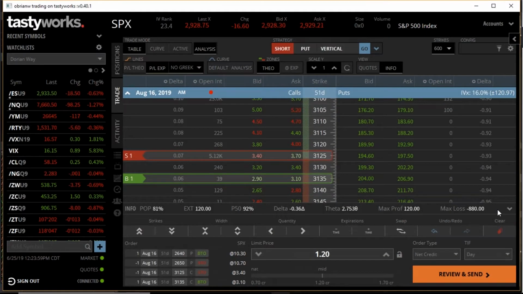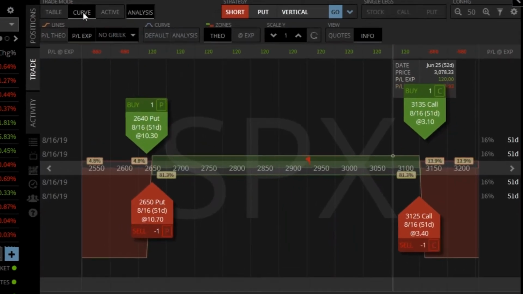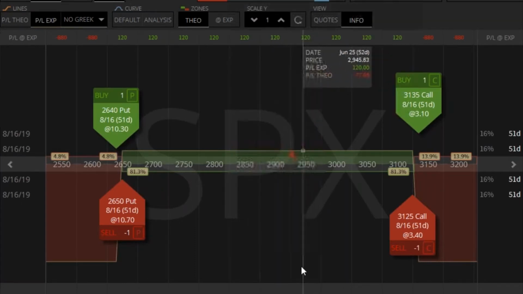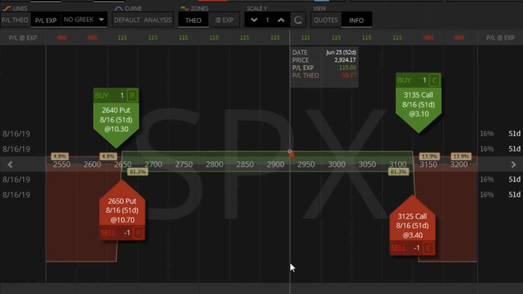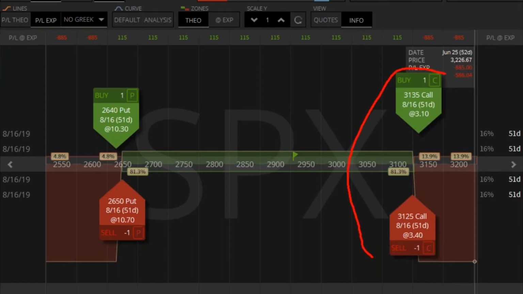All right, so let's jump back over to the TastyWorks platform, and let's look at this iron condor from the curve view. This is the curve view in the TastyWorks platform, and this is how that iron condor looks. We have the call side to the right here, which is the call spread that we had to put on for the iron condor, and this is the put spread that we had to put on.